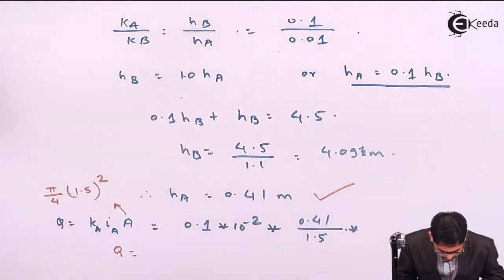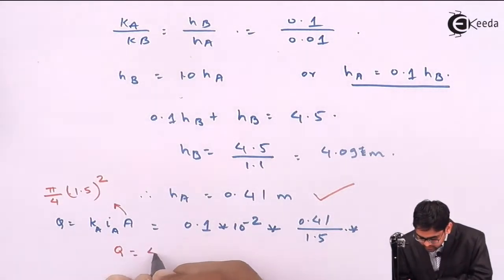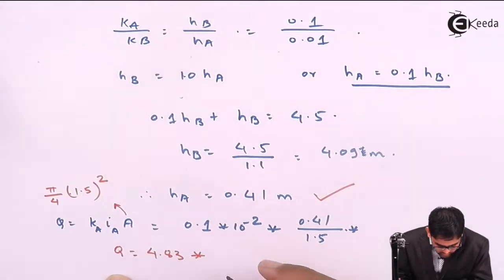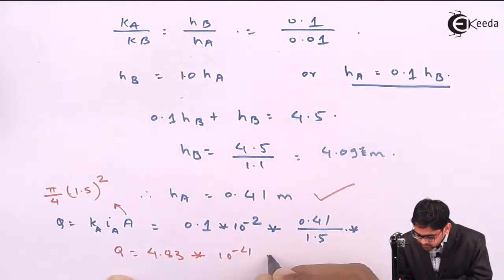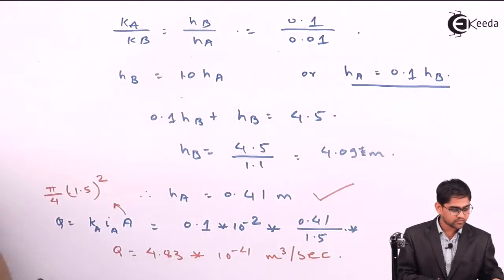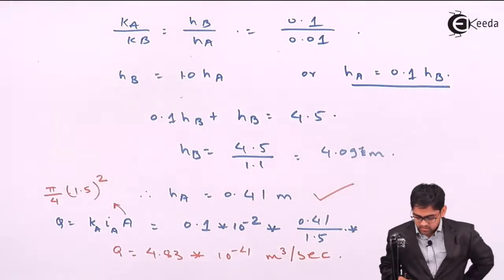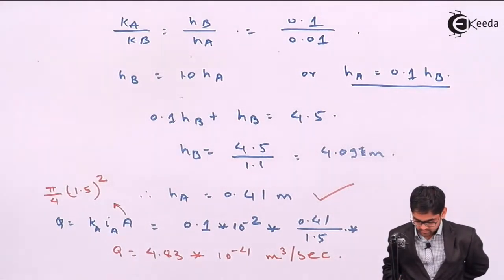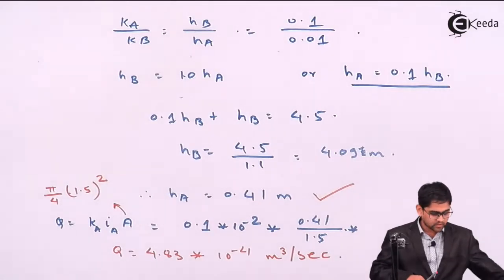You'll get 4.83 into 10 raised to minus 4 meter cube per second. Okay, this is the answer for case A.